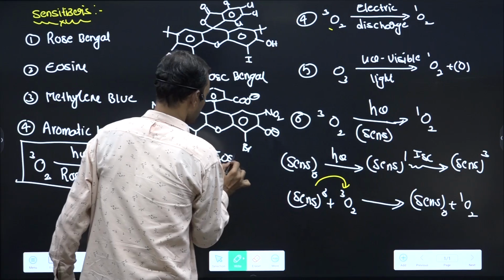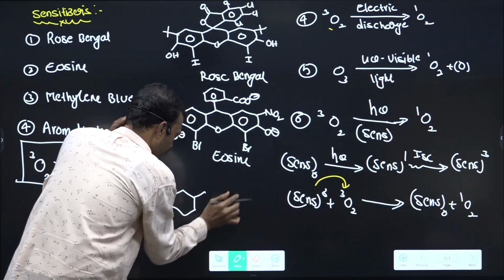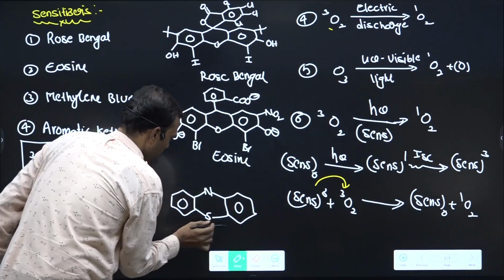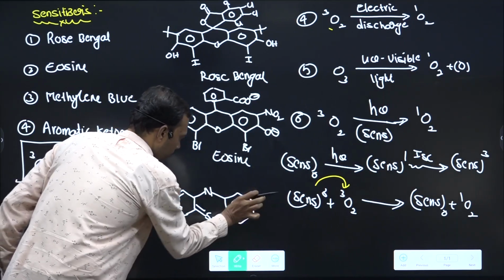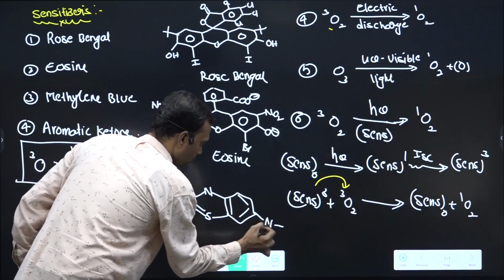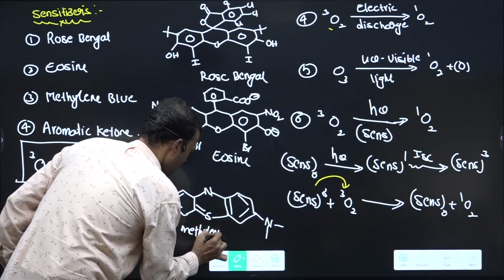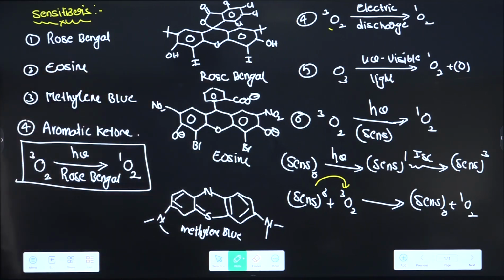This is eosin. This is called methylene blue. So structures are not important. They won't ask structures. Directly names they will give. Remember a rough knowledge of structures, but they are not mandatory. Only these names are very, very important.